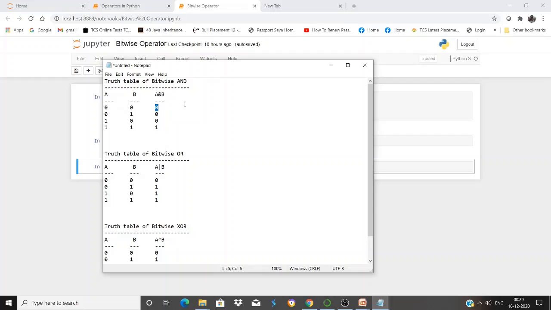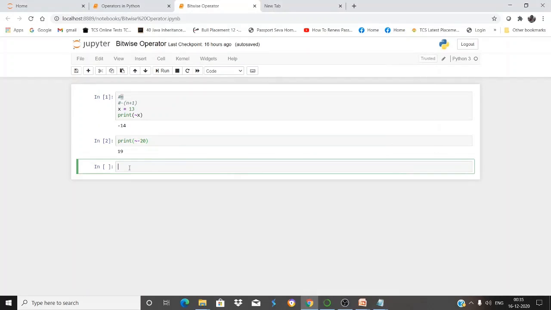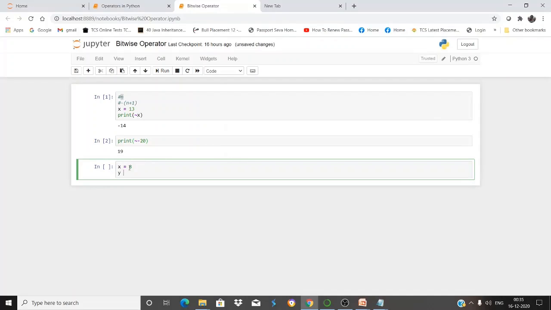So let's look at a practical example of the bitwise AND operation. Let's say we have a variable x, the value of which is 8, and another variable y, the value of which is 10. If we apply the bitwise AND operator on these two variables, it will first convert these two decimal numbers into their binary forms.